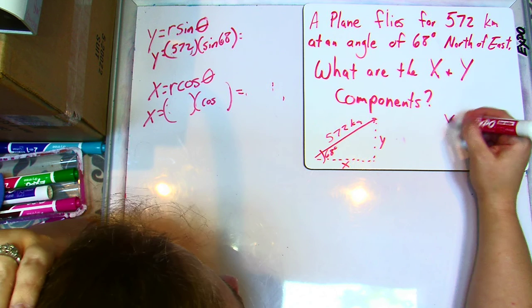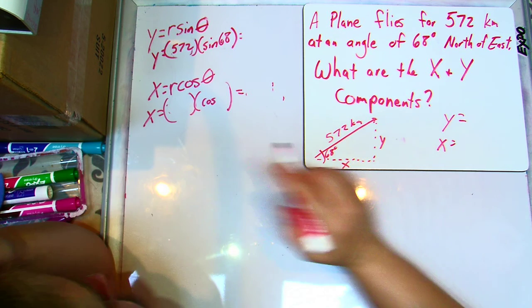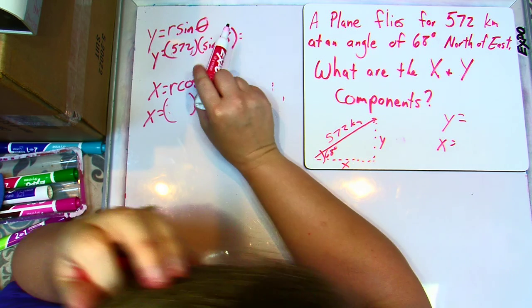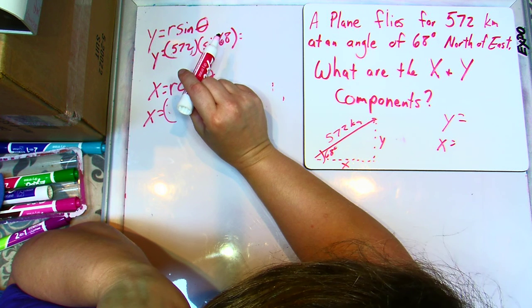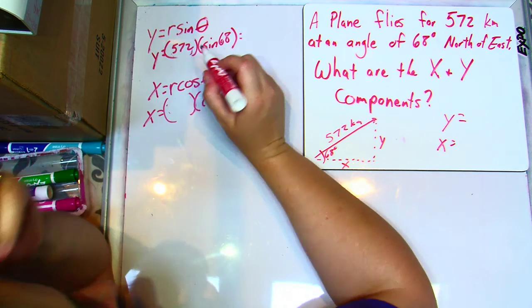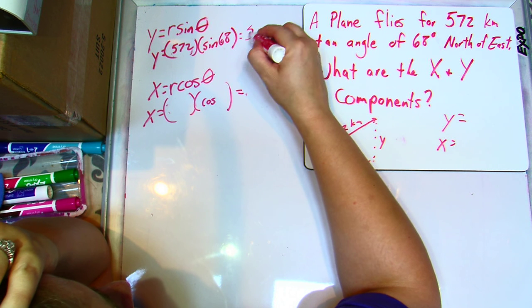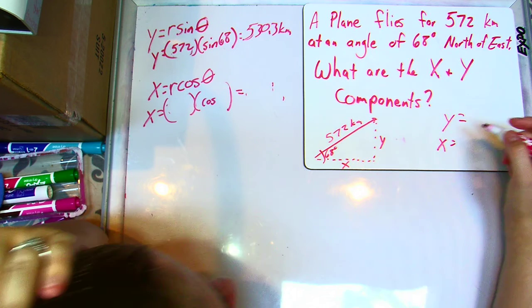To find the y component, we take the hypotenuse and multiply it by sine of 68. And for that, we get 530.3 kilometers.